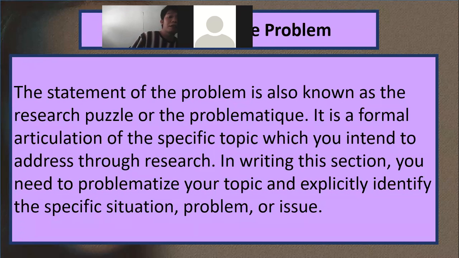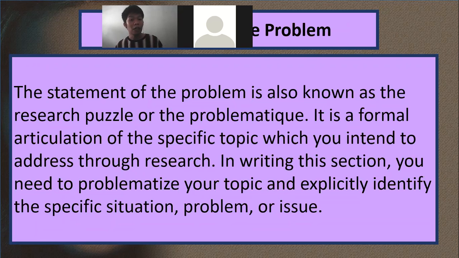Next one, you have the statement of the problem. Statement of the problem is also known as the research puzzle or the problematic. It is a formal articulation of the specific topic which you intend to address through research. In writing this section, you need to problematize your topic and explicitly identify the specific situation, problem, or issue.